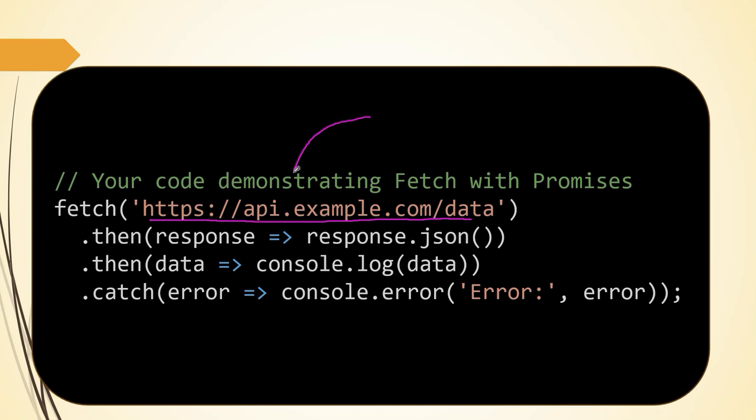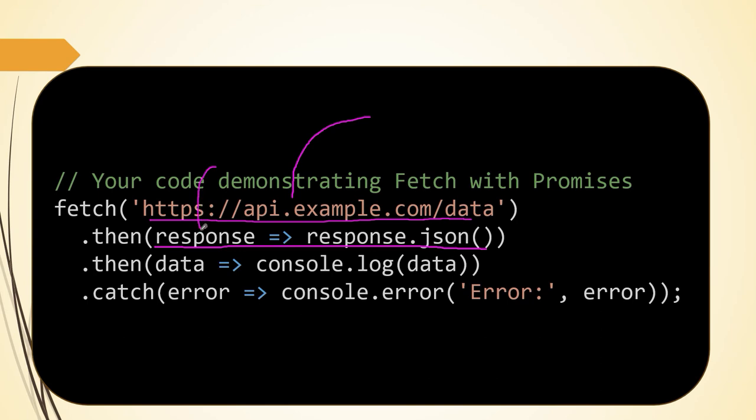Once you specify the URL to which you want to talk, in then you are going to give a function. Whatever you are going to give is nothing but an arrow function. This arrow function you are going to give to the server as a callback function. So whenever the response is ready, the server is going to invoke this function by passing the response that is available with the server.